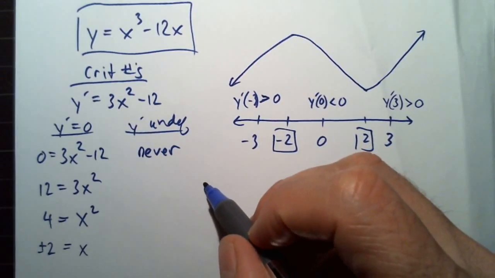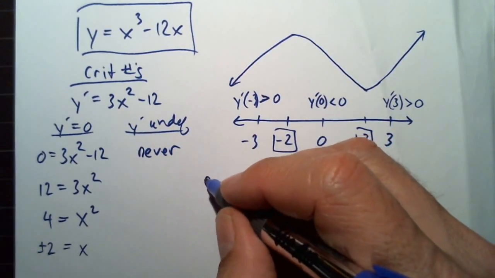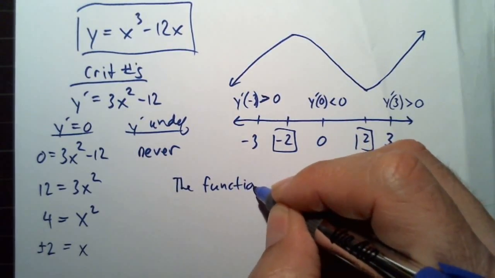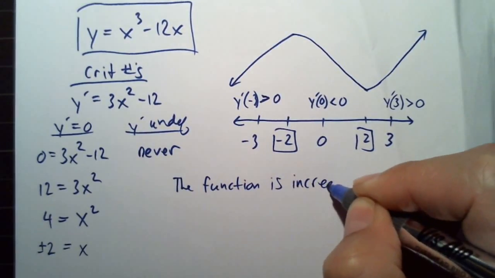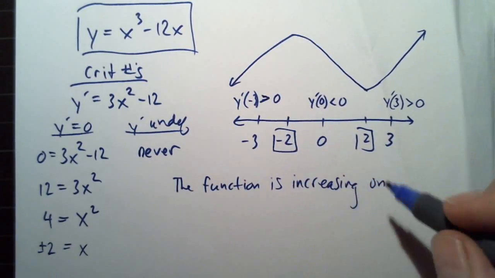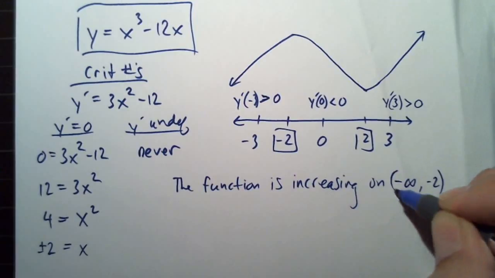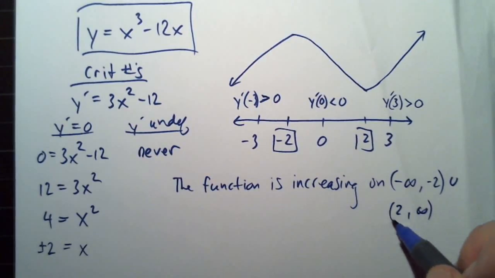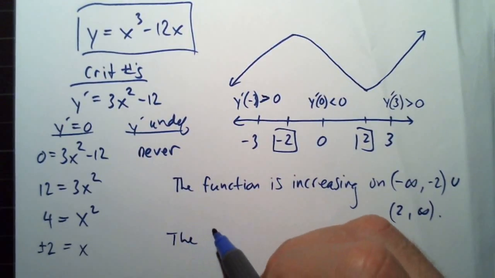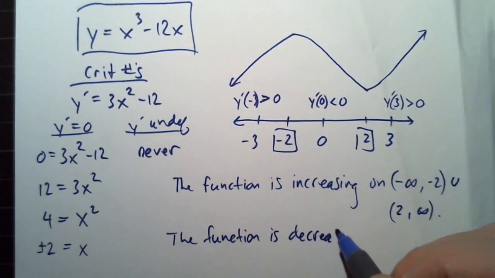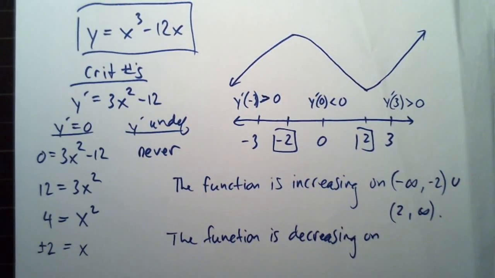And we can say that the function is increasing on the interval negative infinity to negative 2 union 2 to infinity. The function is decreasing from negative 2 to 2.